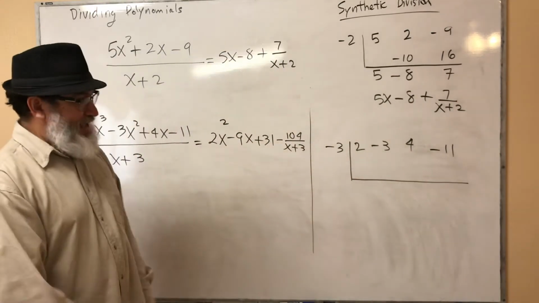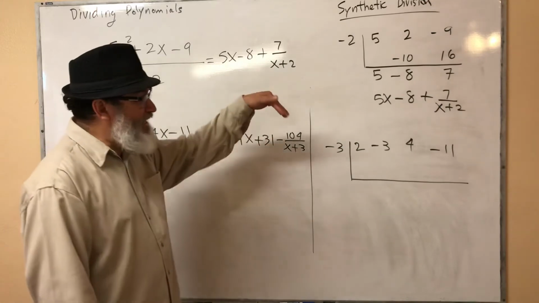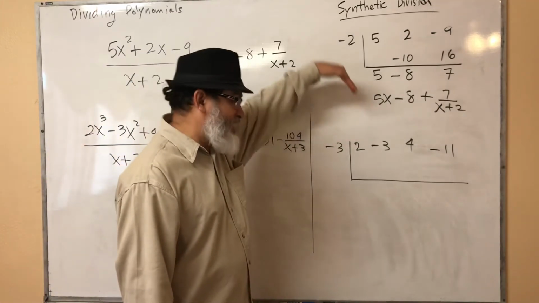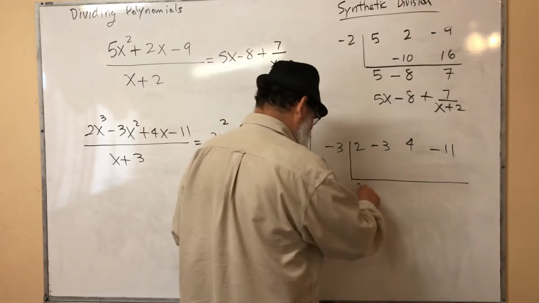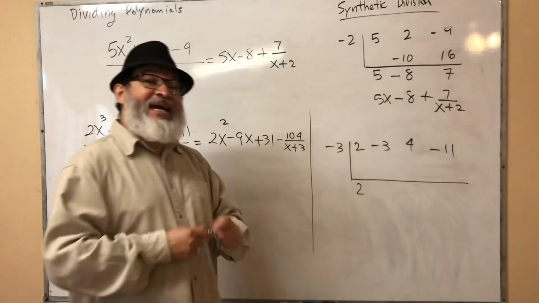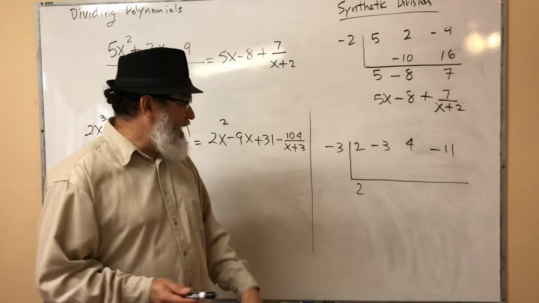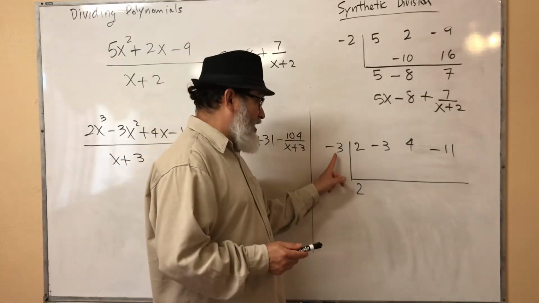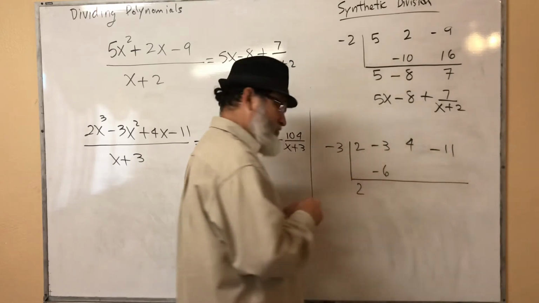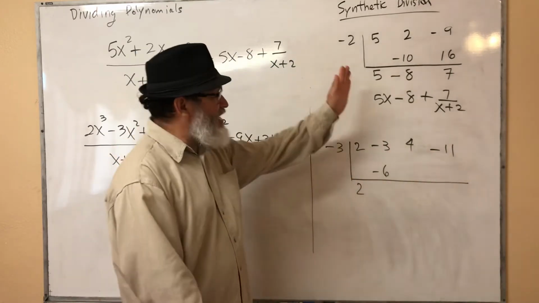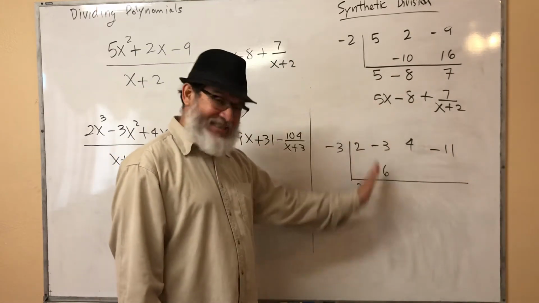Okay? And the first step is to bring down. This first coefficient comes down. The next step is to multiply. Negative 3 times 2, negative 6. The next step is to add.